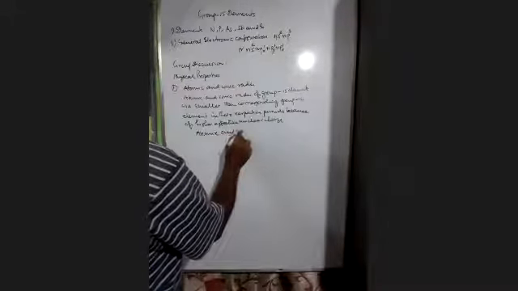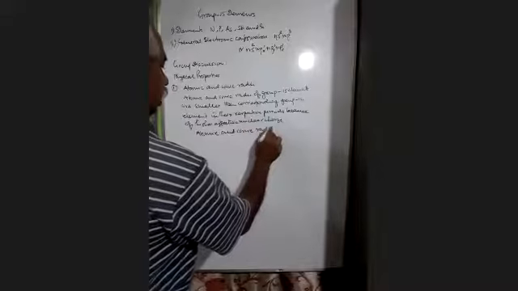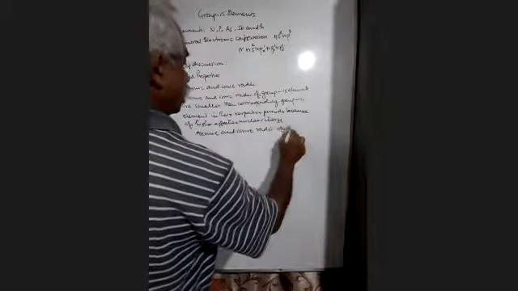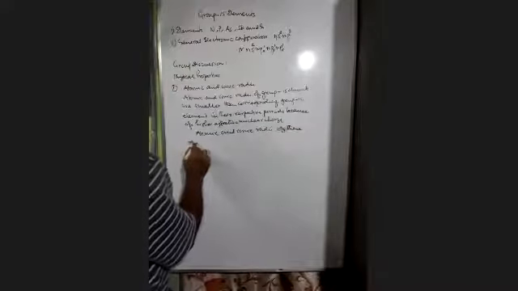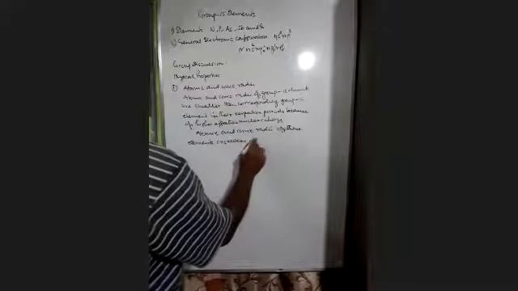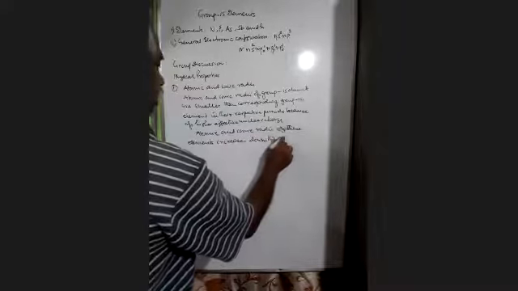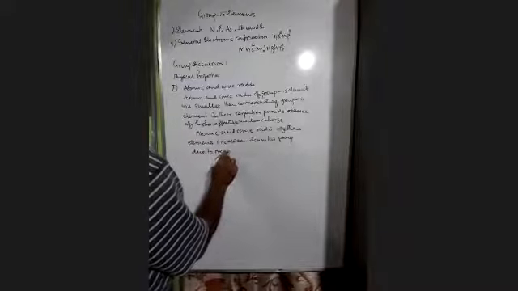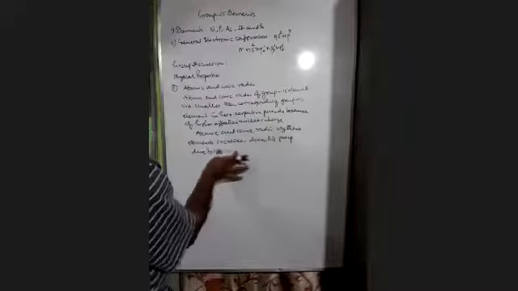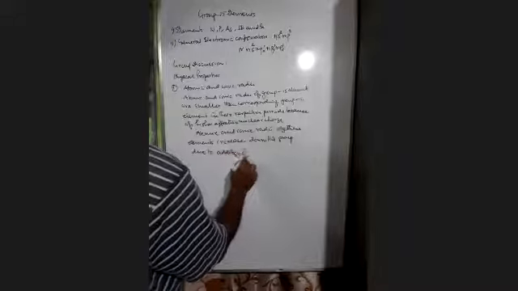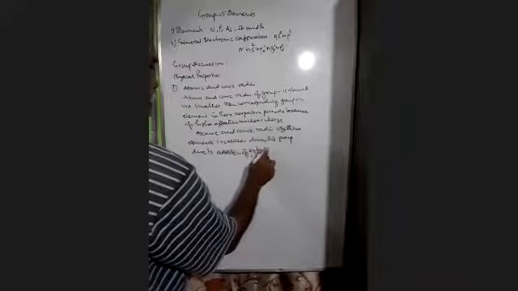Atomic and ionic radii of these elements increase down the group due to addition of extra shells.